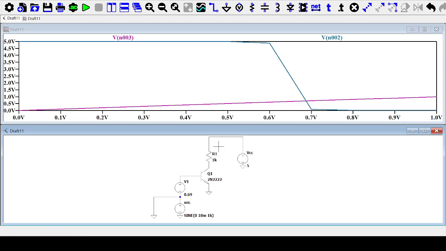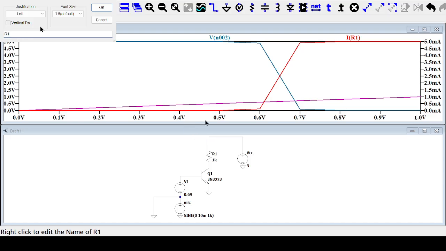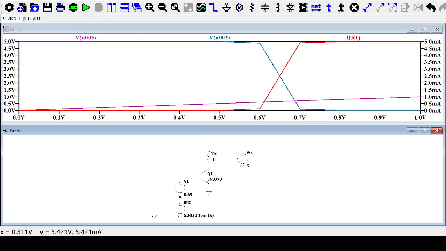Let's add the IC. So I1 is the collector current, the current flowing through the resistor R1, which is the collector resistor. Let me rename it RC to avoid confusion and rerun it.